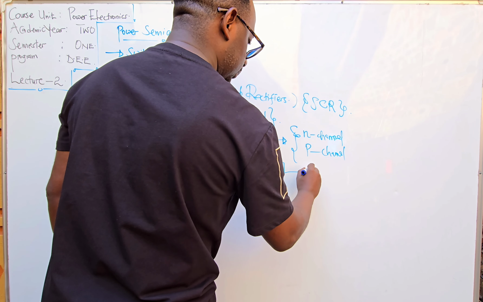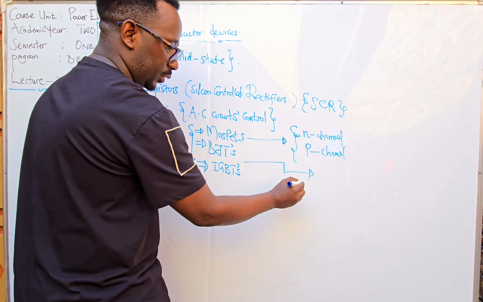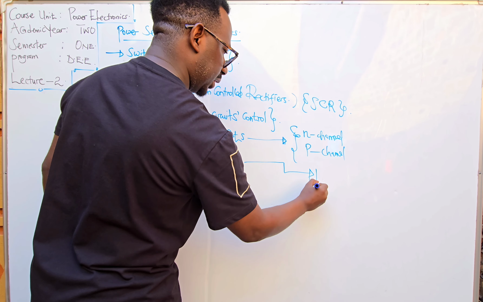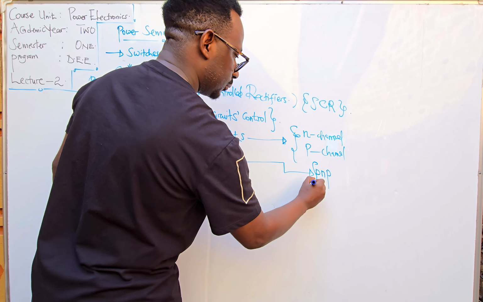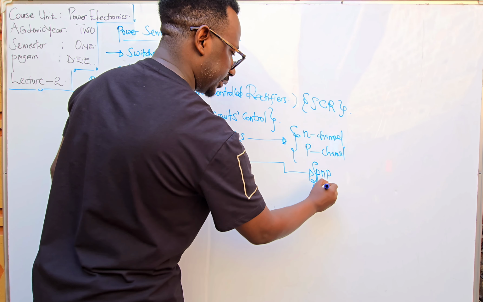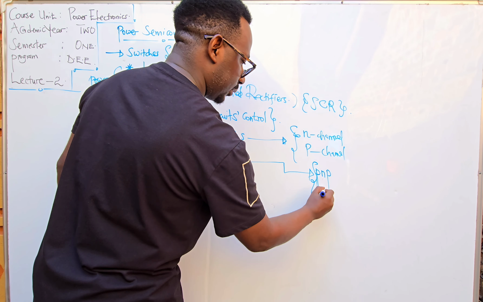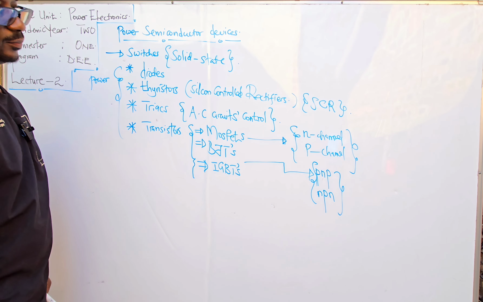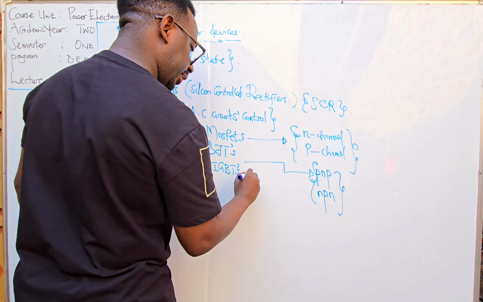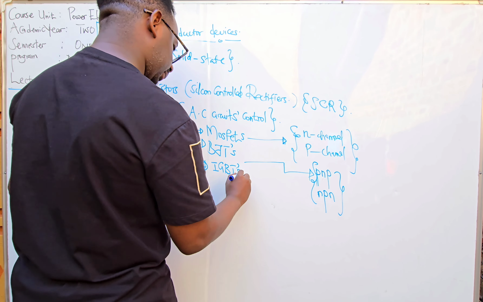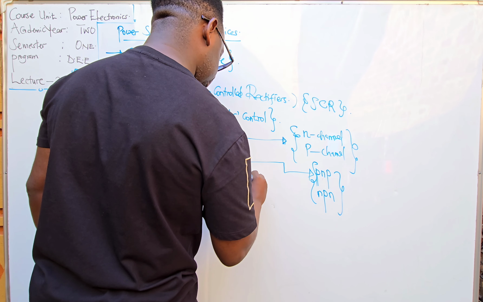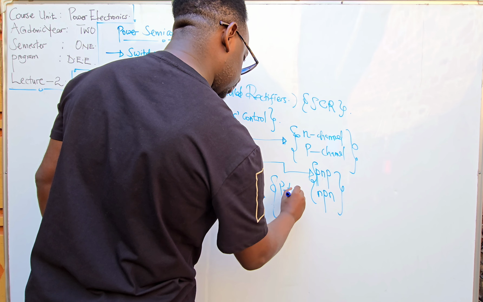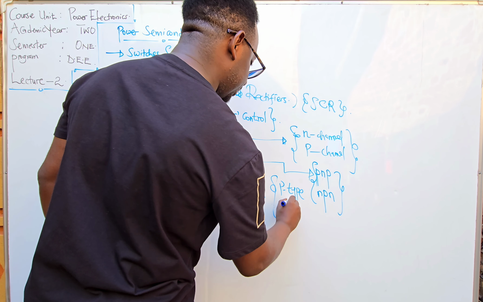BJTs have PNP and NPN BJTs. So for IGBTs, we have the P type and the N type.